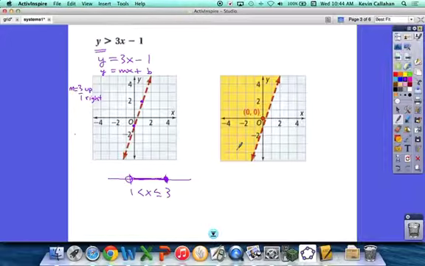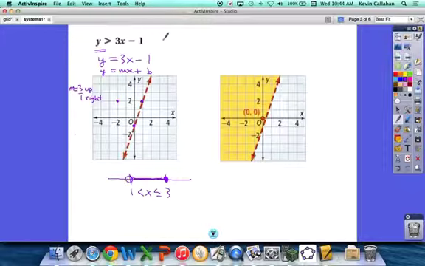Another way to tell where you're going to shade is to take a test point not on the line. So if I look out somewhere on the graph, which is not on the line, and just take that point, -2, +2, and plug it into the inequality.